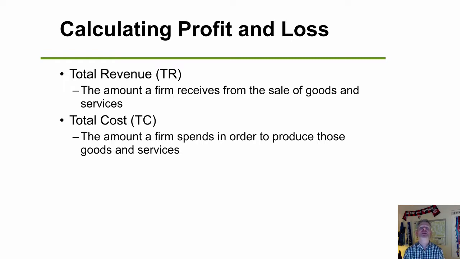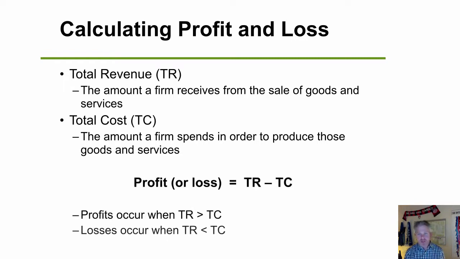How much do they spend on their inputs in order to produce the goods and services that they then sell at some price to give them the total revenue? So profit or loss for the firm is total revenue minus total costs. Profits occur when total revenue is greater than total cost. Losses occur when total revenue is less than total cost.